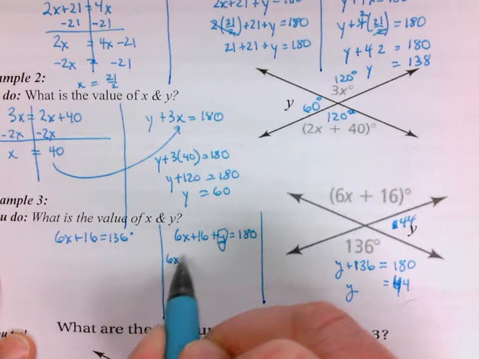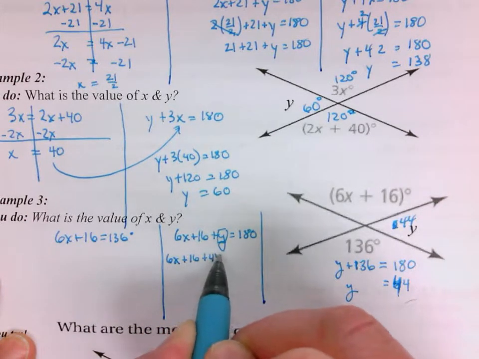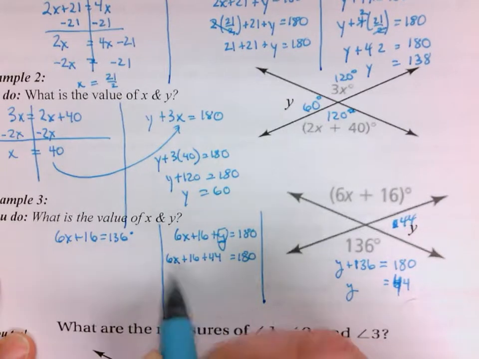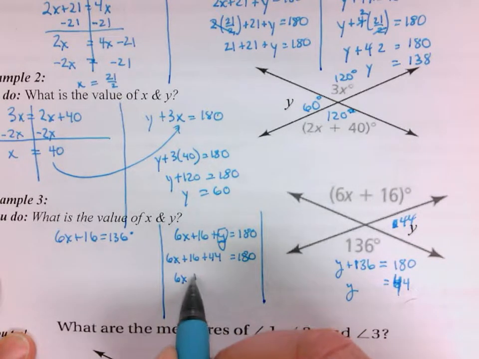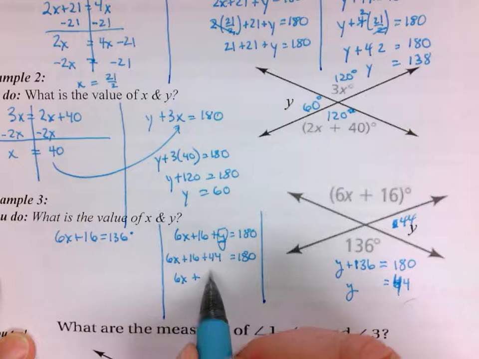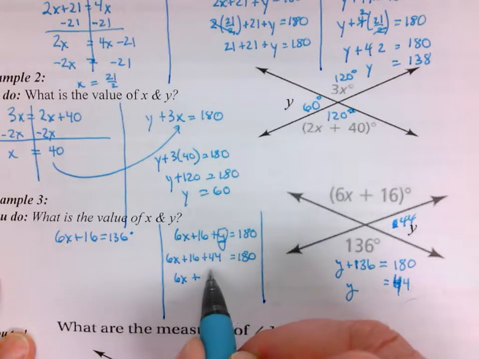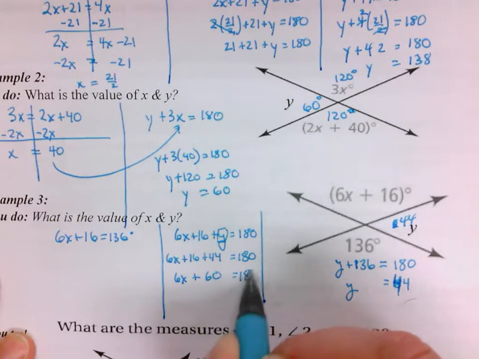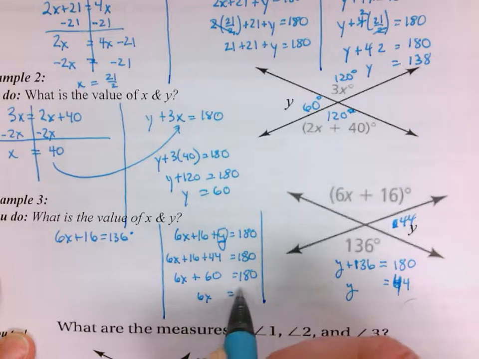So 6x plus 16 plus 44 equals 180. So that's equal to 60. x equals 20.